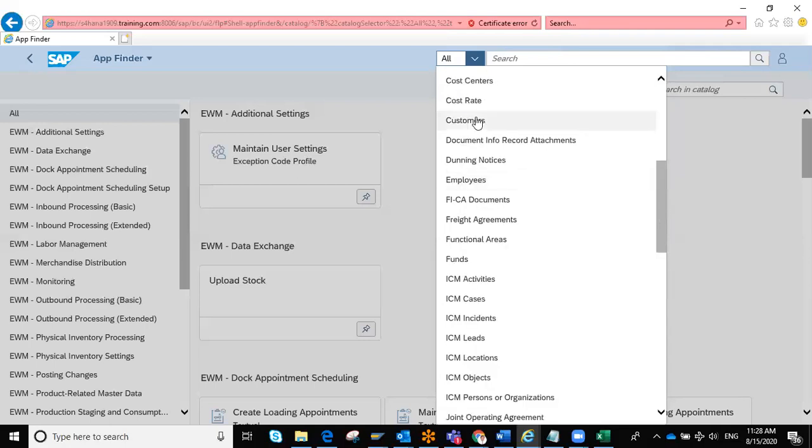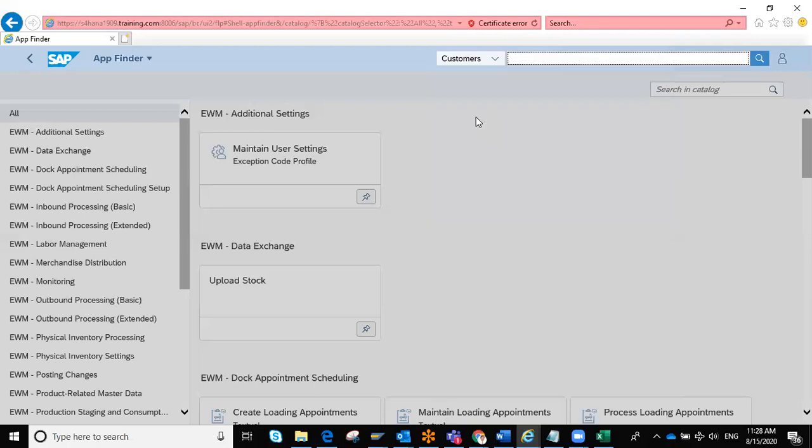They are obsolete in S/4HANA. Like XK01, XD01, XD02. So these specific transaction codes are not available in S/4HANA.